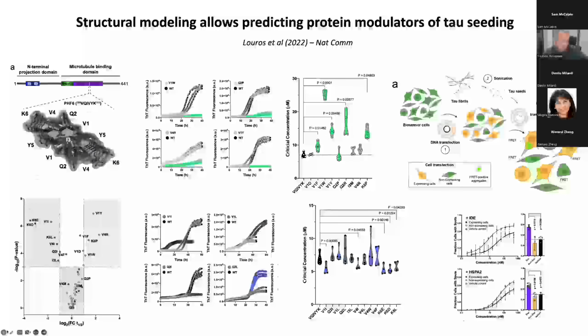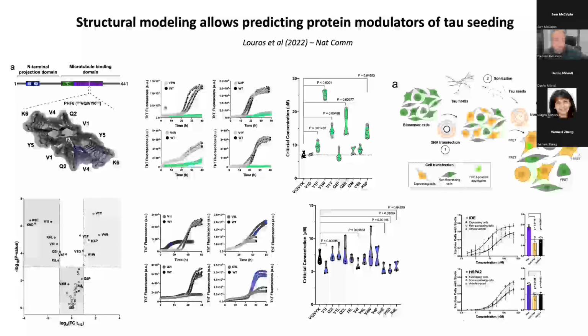And as you can see here in this volcano plot, both the inhibition or the increasing of aggregation could be nicely predicted in general. And here you can see, again, that's, of course, on the level of small peptides. So this is the wild type peptide incubated with a point mutant.